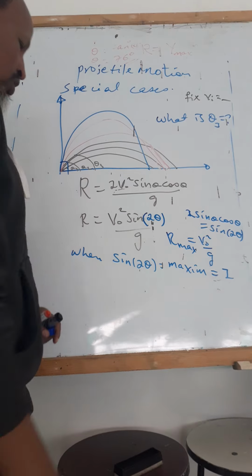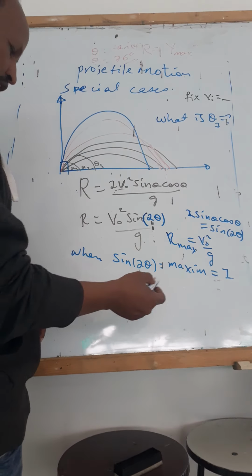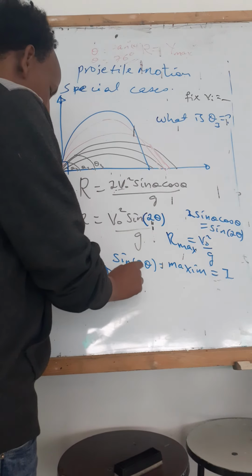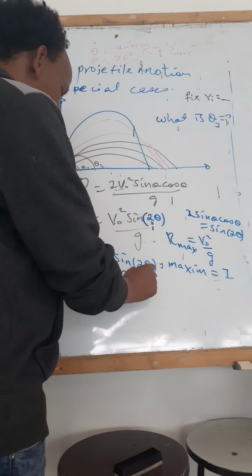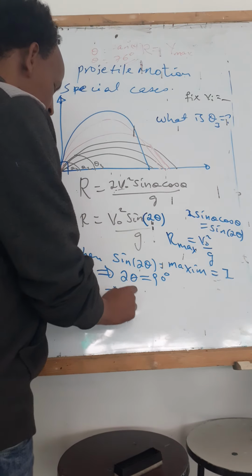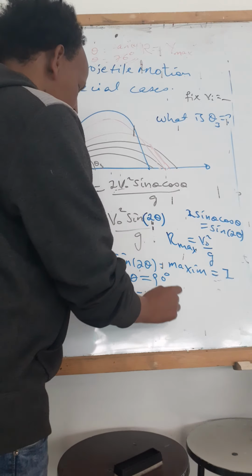So sine 2 theta is 1 when 2 theta is how much? 90. This implies 2 theta has to be 90 degrees. Then theta is going to be 45 degrees.